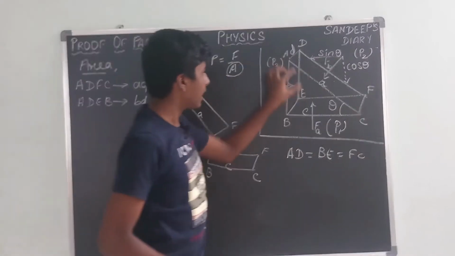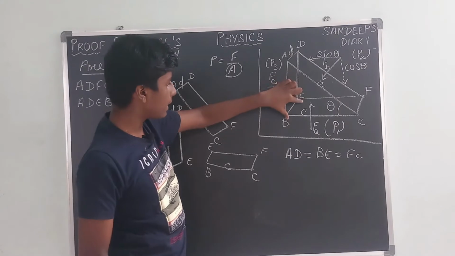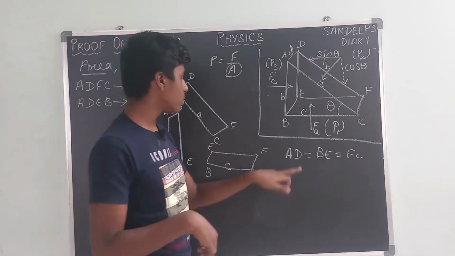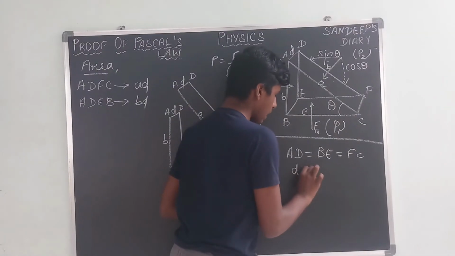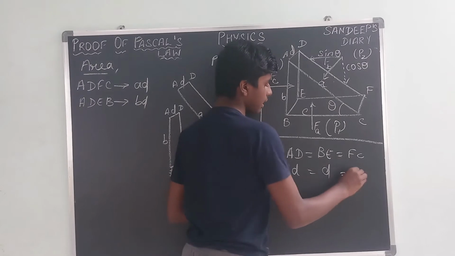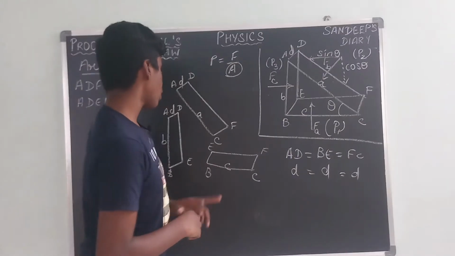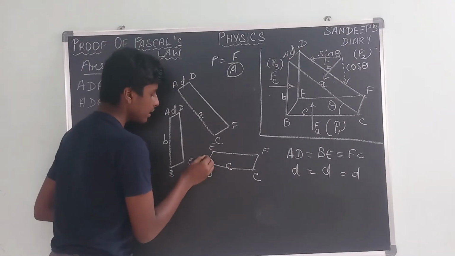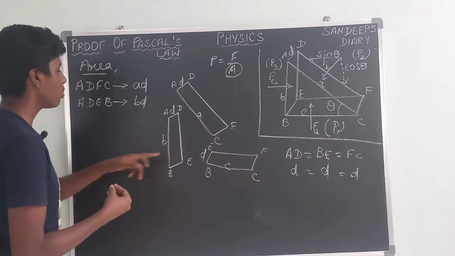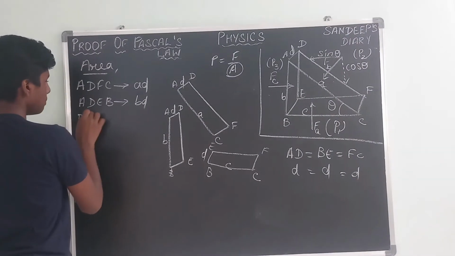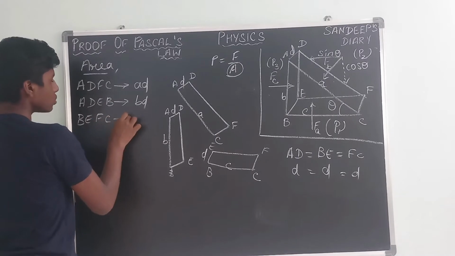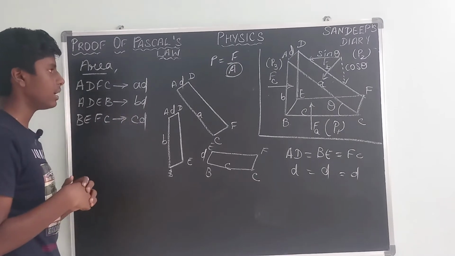So if I consider AD as D, I can consider BE as D and FC as D. So BEFC is C into D, which is CD.